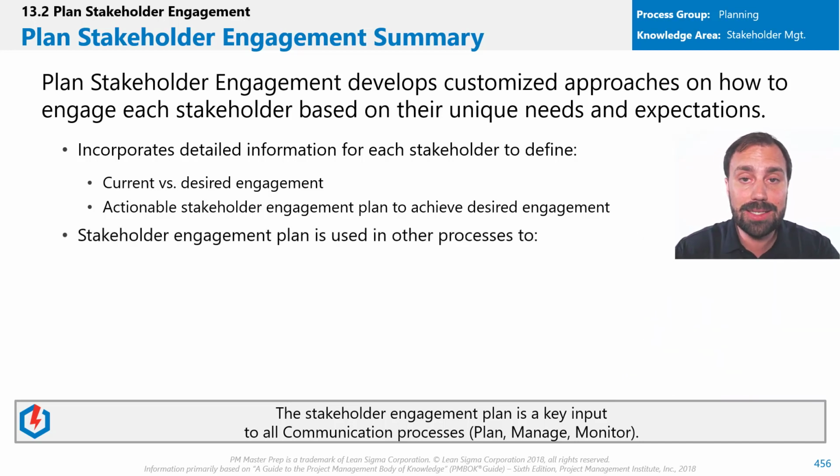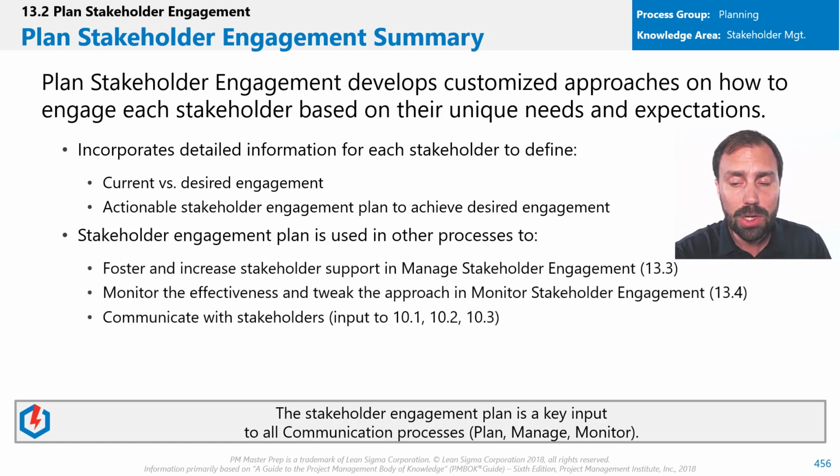So the stakeholder engagement plan is not only important in this knowledge area, but it's used by other processes, right? In 13.3, as we go through this knowledge area, we're going to foster and increase our stakeholder support by using the plans and processes that we establish here. That's in the manage stakeholder engagement process. So think about that as we go into our next process in executing.